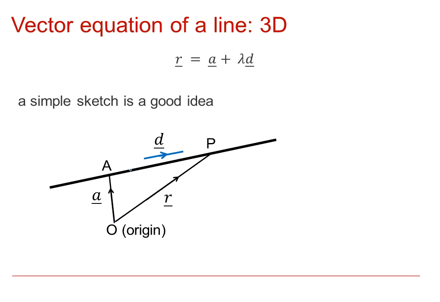Do we know the direction of this line? Here the parallel direction vector is called d. And are we aware that a general point P on the line has the position vector little r, which is equivalent to (x, y, z)? So just an awareness of what the terms are in the vector equation is very helpful.